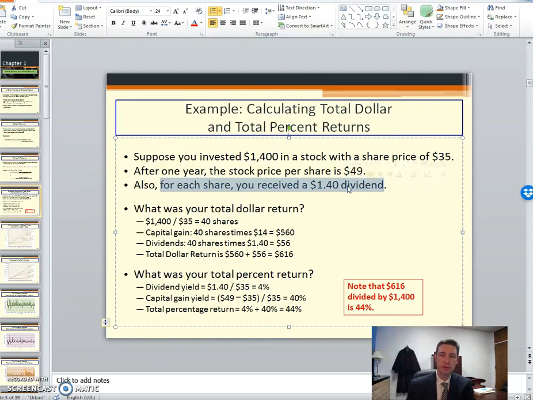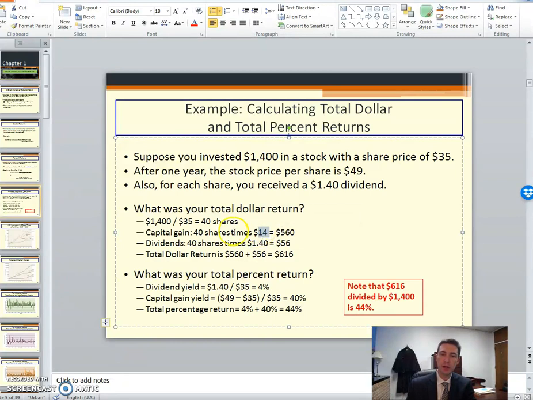So what is your total dollar return? You invested $1,400 divided by $35 per share, which gives you 40 shares. You own 40 shares in the stock. The capital gain was over 40 shares, and you had a $14 capital gain, because remember, you bought it at $35, and now it appreciated to $49.